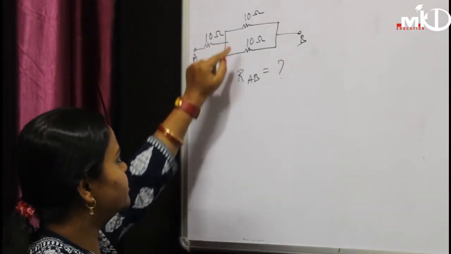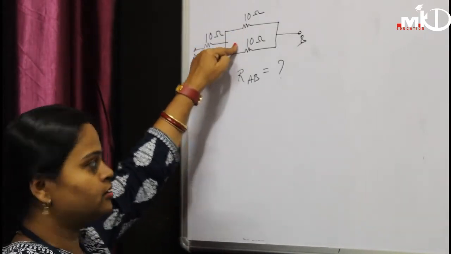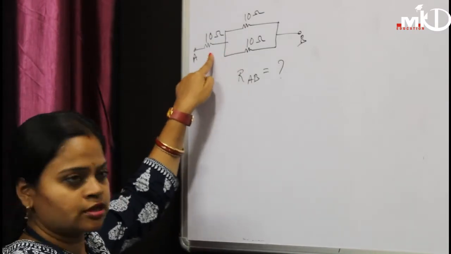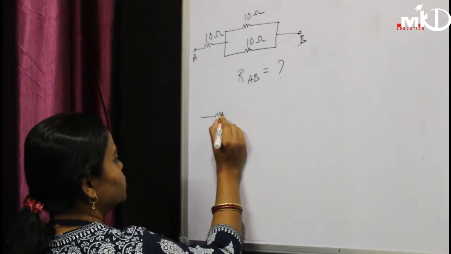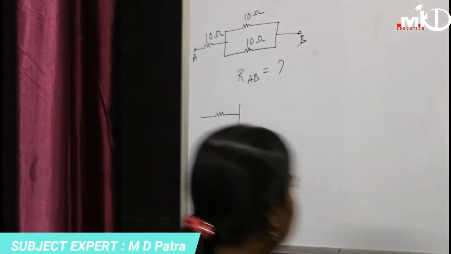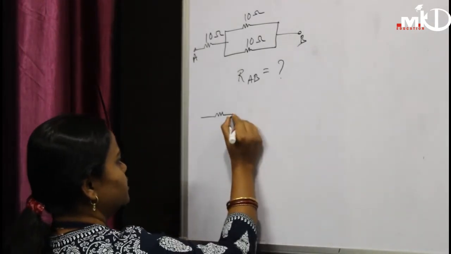So here we can see these two resistances are in parallel and the total combination is in series with this one.